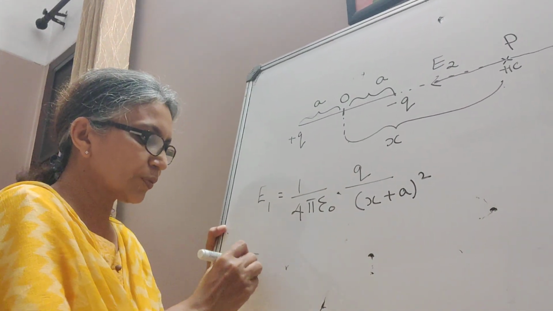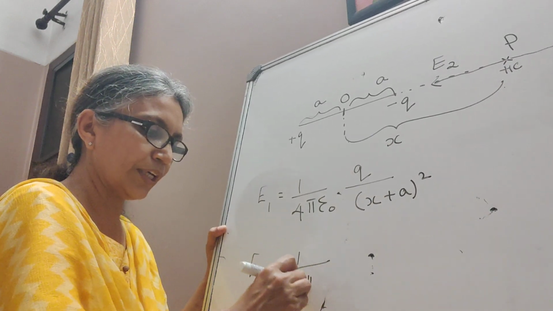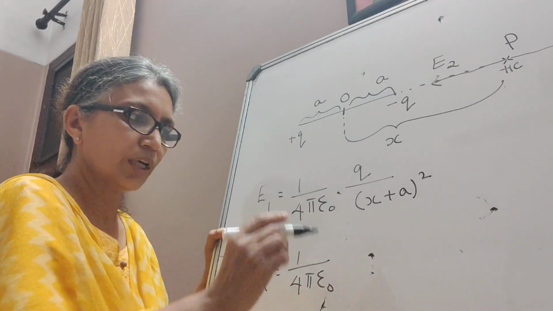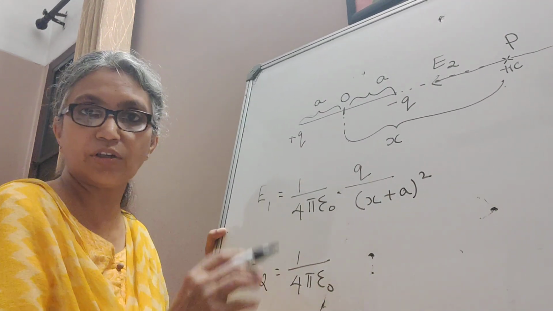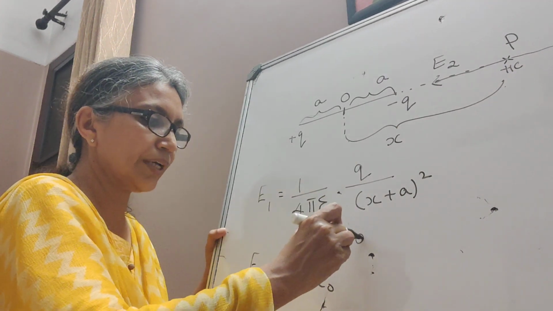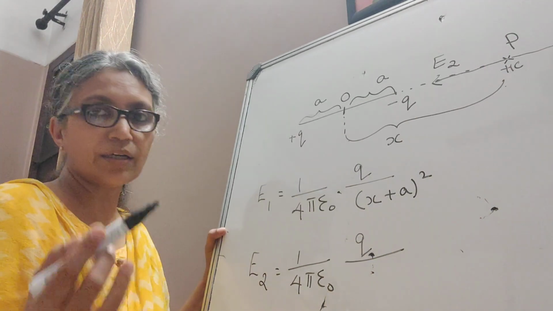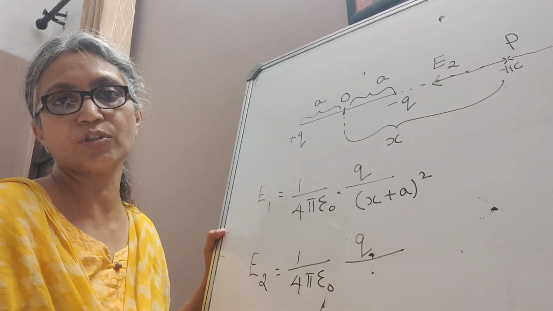If I am going to write an expression for E2, it's going to be 1 by 4 pi epsilon 0, the constant. My source charge is q. I don't have to put a negative sign because I'm only writing the magnitude here, not the direction. So the magnitude of the charge is q, and r as usual is the distance from the source charge to where you've kept the plus 1 coulomb.